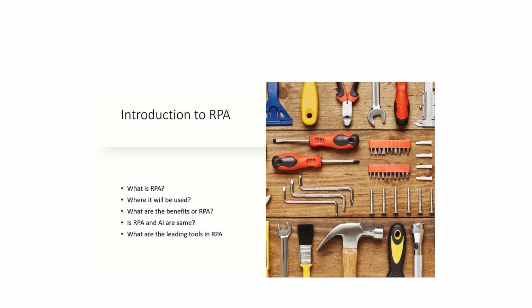AI has self-learning algorithms where it's going to improve the process day by day as it keeps growing. But RPA is not going to improve by itself. It doesn't have the cognitive capacity which AI algorithms have. So what are the leading tools in RPA? We'll see that in the next slide.